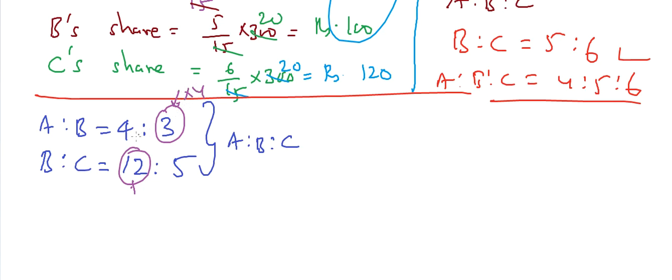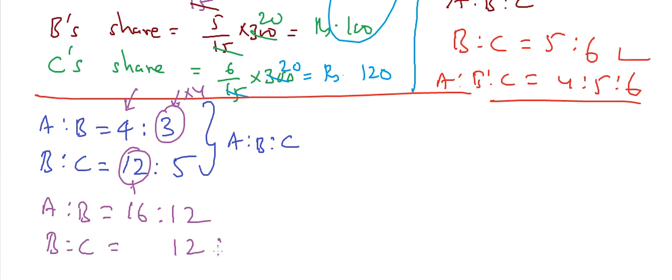So in that case, the other term, that is 4, also should be multiplied by 4. Okay, so now a is to b can be written as 16 is to 12, multiplying each term by 4, and b is to c is equal to 12 is to 5.